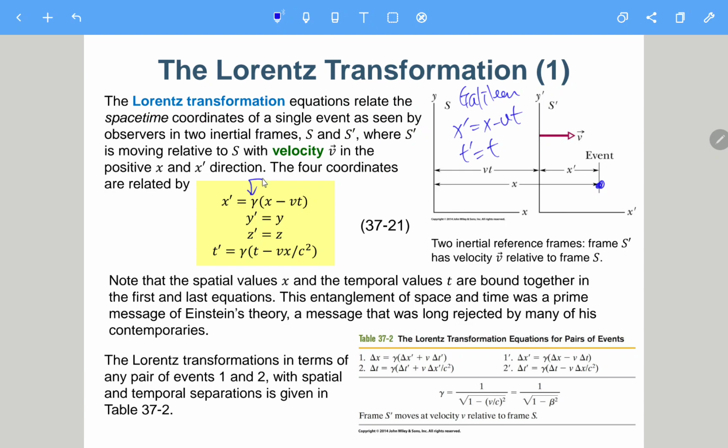But we need to consider gamma when the speed is fast. If you substitute this Galilean transformation into the wave equation we just described in the last chapter, then you will be wrong.